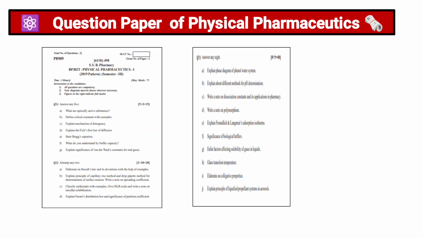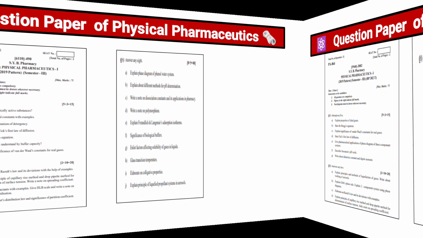Next, enlist factors affecting solubility of gases in liquids. Next, glass transition temperature. Elaborate colligative properties. Next, explain principle of liquefied propellant system in aerosol. These are the previous year question paper questions.